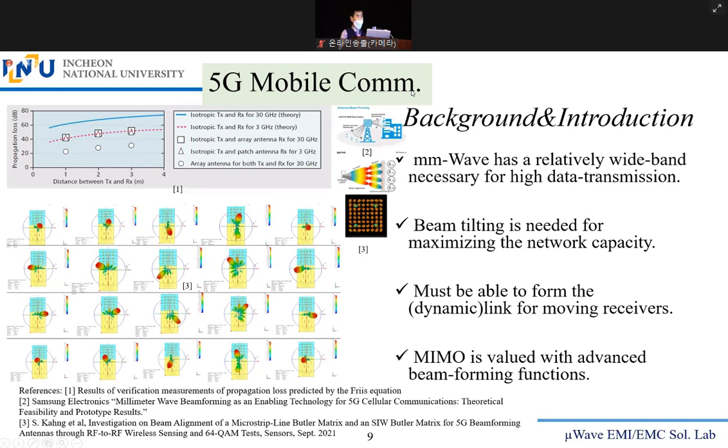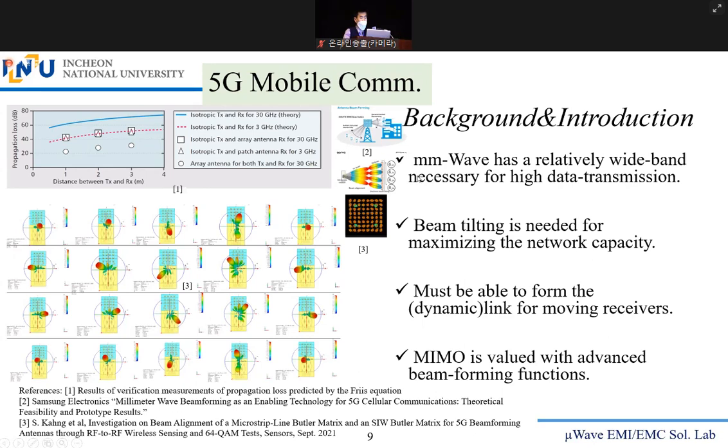And for 5G mobile communication, I have developed beamforming and beam steering antennas. Recently, I published a paper that deals with a hi-fi, high fidelity communication test with the beamforming and beam steering antennas I have developed. You can see my paper in Sensors there.